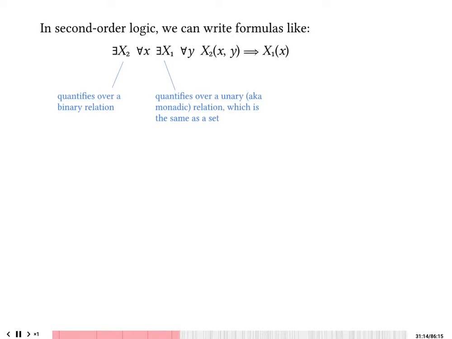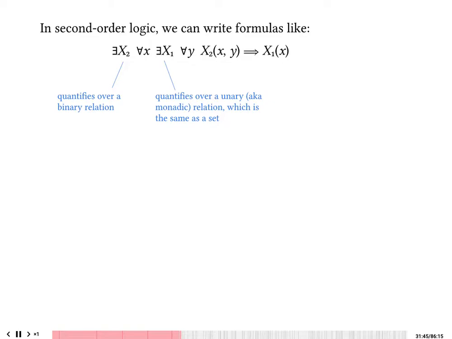So let's overview the syntax and semantics of second-order logic. You can write formulas here. You can write special quantifiers: a quantifier which ranges over elements, which is the usual first-order quantification, but you also have quantifiers which range over, say, binary relations, a quantifier which ranges over unary relations, and so on. So for every arity k, you have a quantifier that ranges over k-ary relations. I used some syntax here with the arity as a little subscript, but I don't think this is the actual syntax that you use for second-order logic.